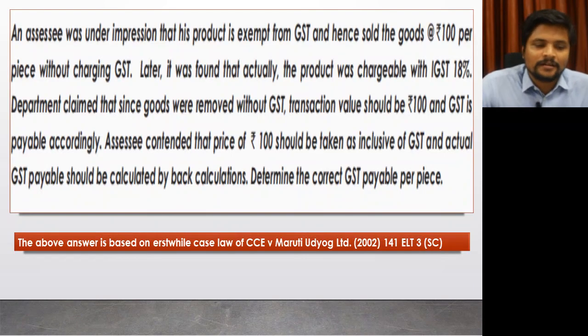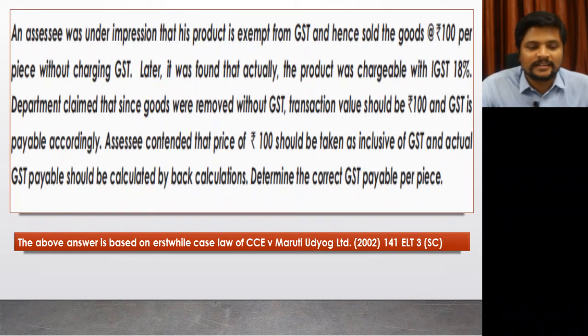Next, there is one situation here. We will see the situation now. An assessee was under the impression that his product is exempt from GST, and hence he has sold the goods at rupees 100 per piece without charging any GST. Later, it was found that actually the product was chargeable with IGST of 18%.